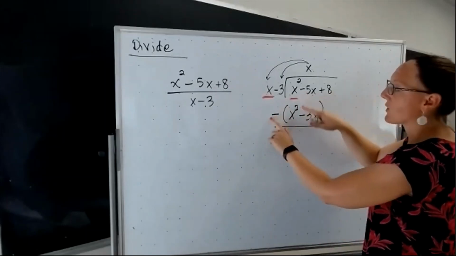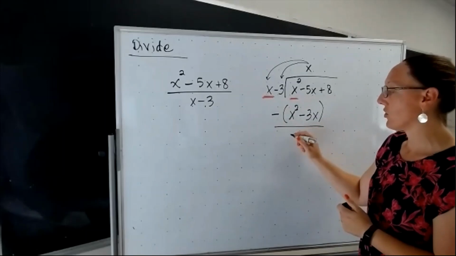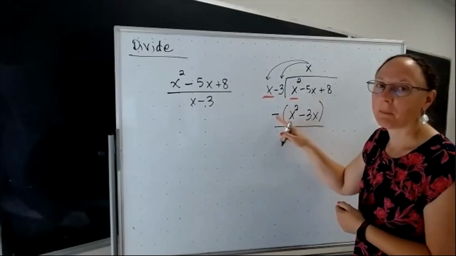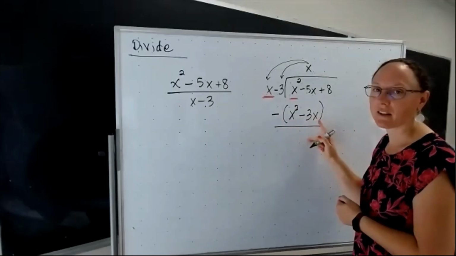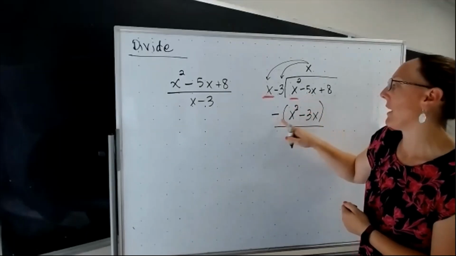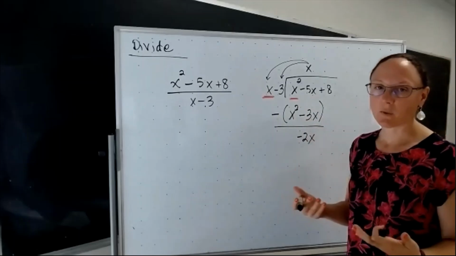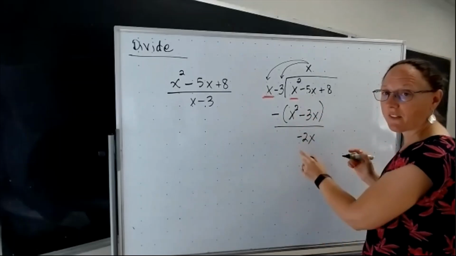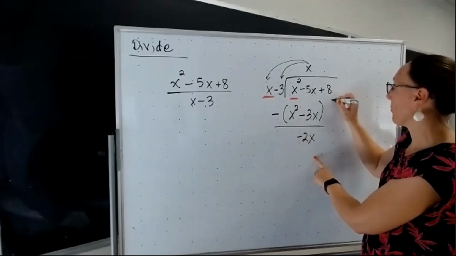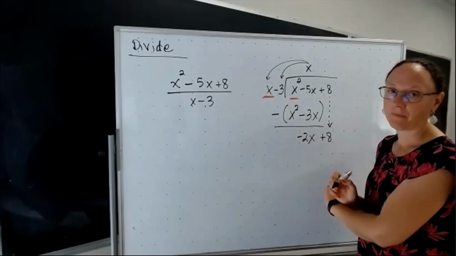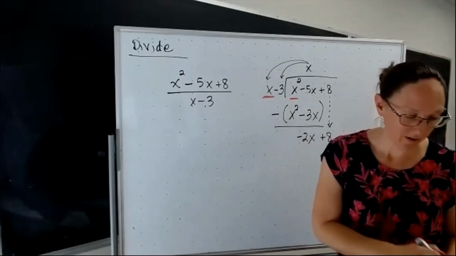So now I'm going to have x squared minus x squared, which would give me 0x squared, and -5x minus -3x. So -5 minus -3 will give me -2x. And just like we did with the numbers, once I've done the subtraction, I'm going to take that next term and bring it down, and repeat the whole process over again.